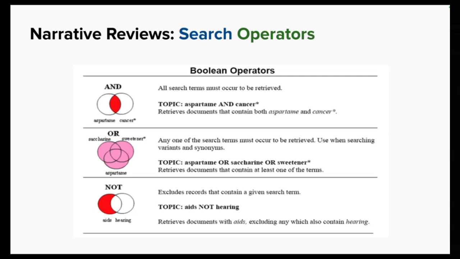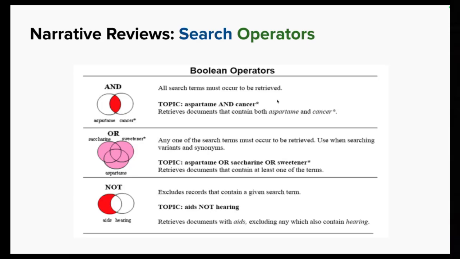In this case, the example is you're interested in AIDS, but not hearing aids. Hearing aids is a very common search term, but if you're looking for helpers, things that maybe help people move around, for instance, mobility aids or something like that, including in your search term aids but not hearing can help you say to the database, don't pull any of that research. It's just going to be noise to me. I don't have the time or the bandwidth to look through all of that information.